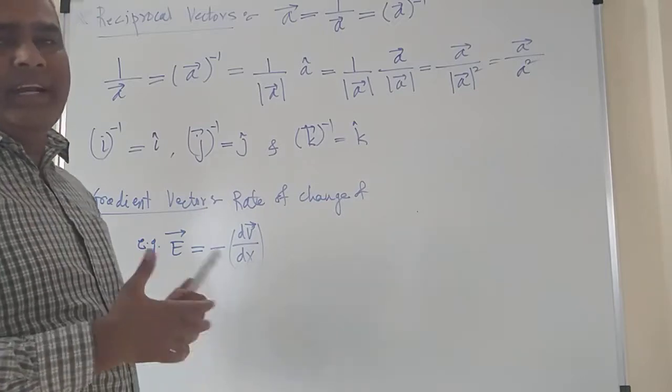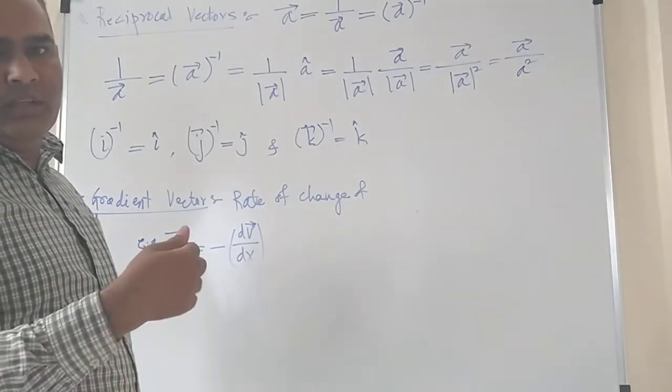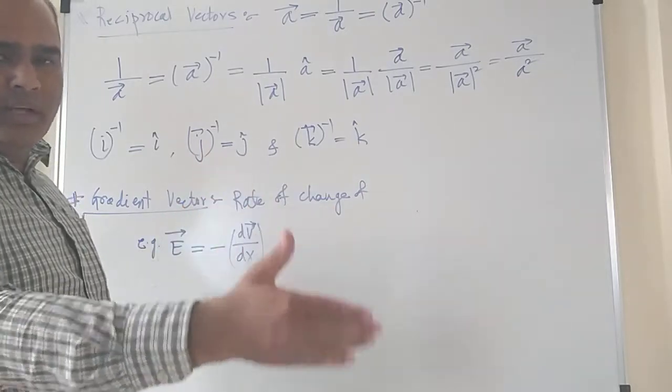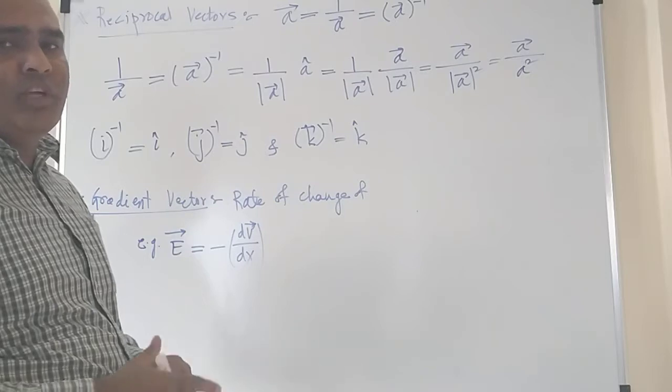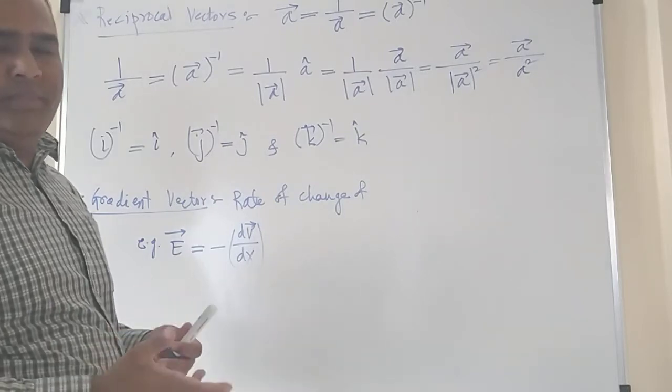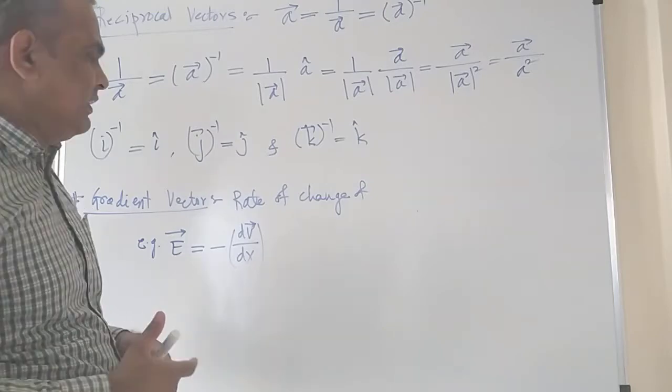So this is called the gradient vector. Temperature gradient is also a vector, because a rate of change of temperature from one point to another point is a gradient quantity. Temperature is a scalar, but temperature gradient is a vector quantity.